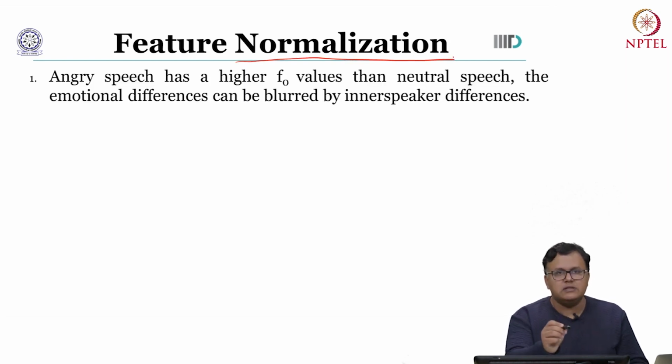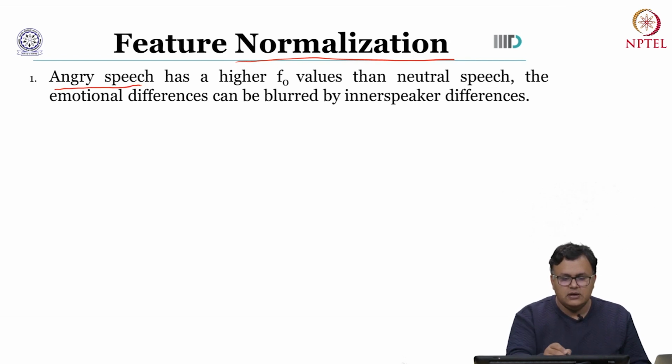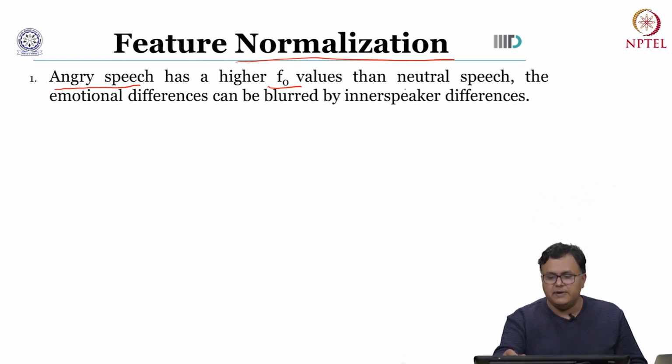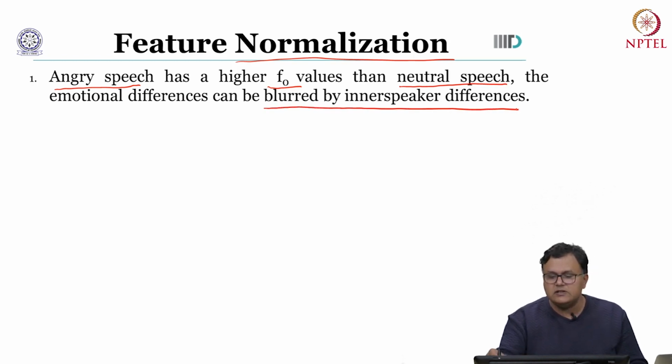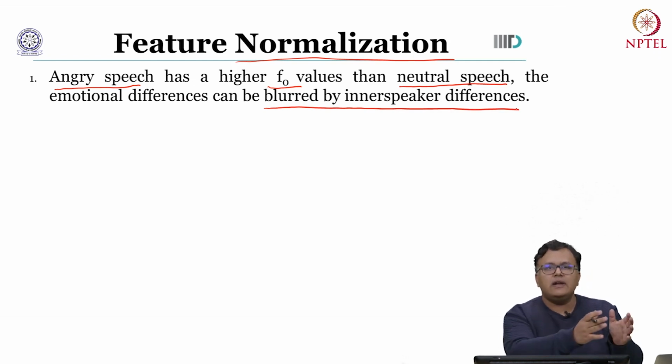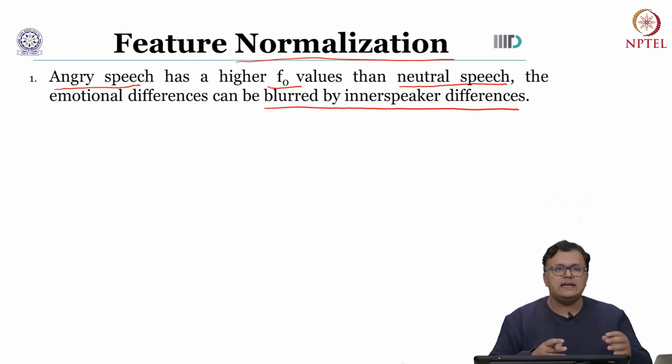Now, an example of this which will set the motivation is as follows. When you have angry speech, it is observed that it has higher fundamental frequency values when compared with the fundamental frequency values for neutral speech. Now, this difference in the two emotions is actually blurred by the inter-speaker differences. So what that means, you have n speakers who are speaking in turn both an angry speech and a neutral speech.